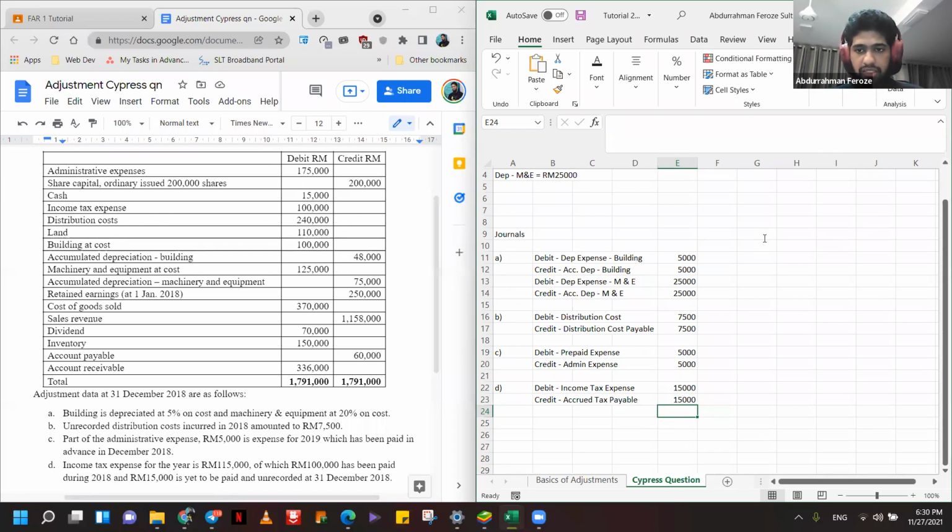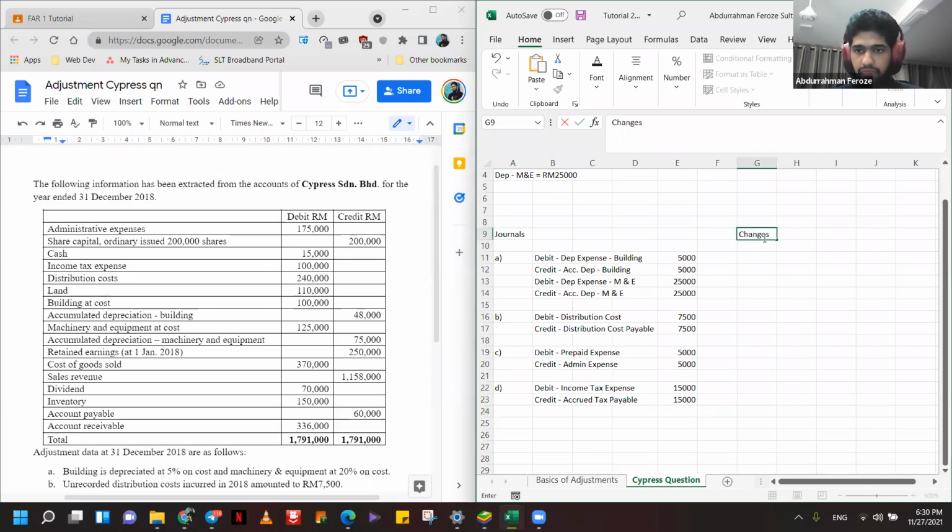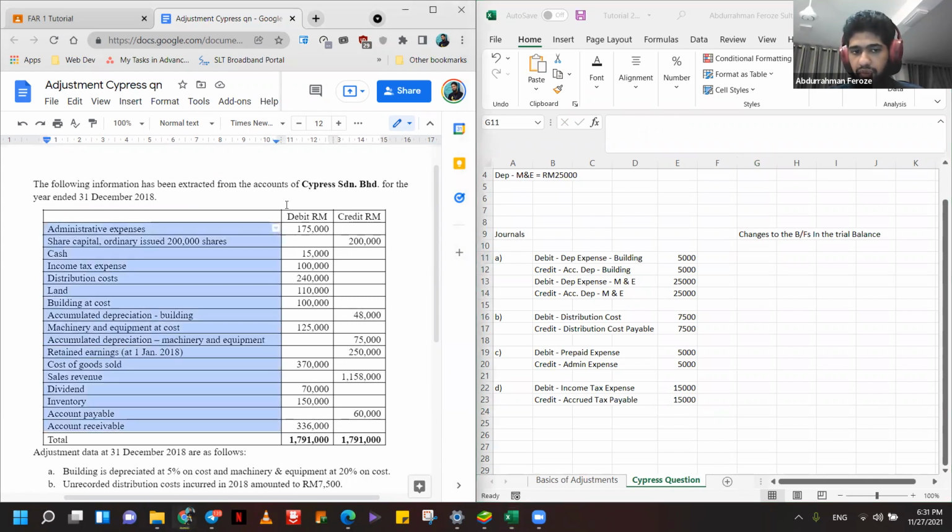So you can see changes to the brought forward trial balance. I want to show the changes here so that it is clear to us, right?